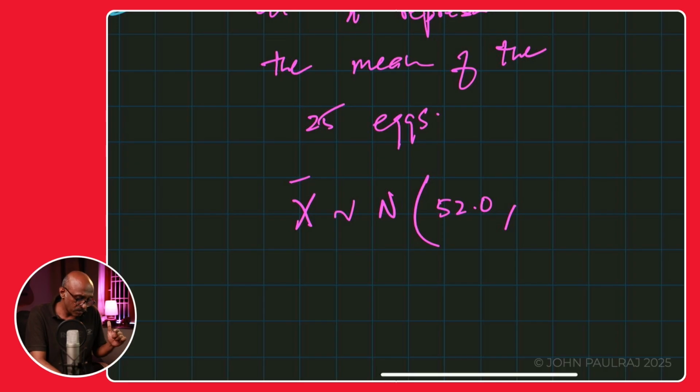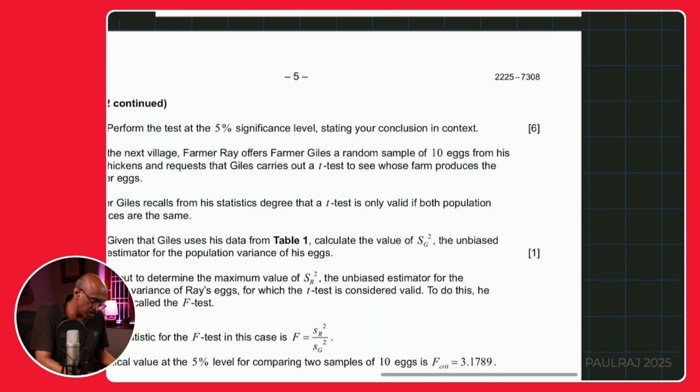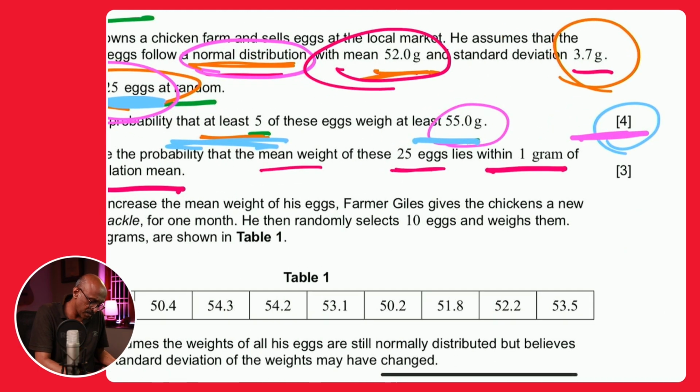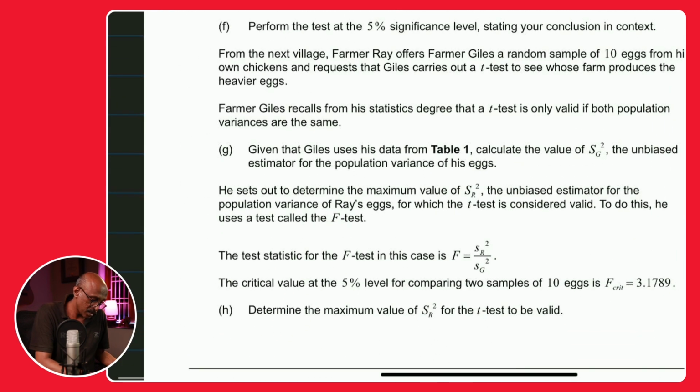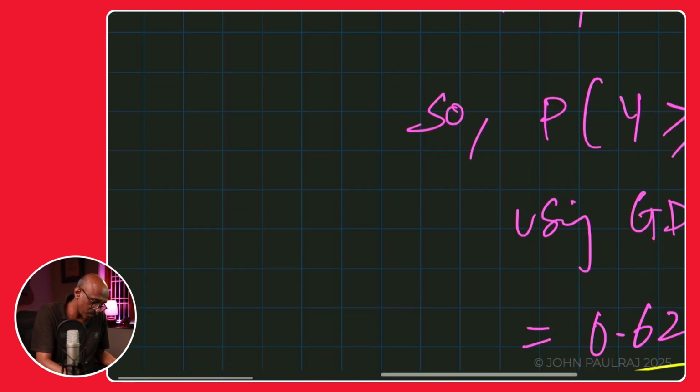So as such, we're not going to use the population standard deviation, which is 3.7. We're looking at the mean weight. We calculate the probability that the mean weight of these 25 eggs, it could be any sample of 25 eggs, a batch of 25 eggs, lies within 1 gram of the population mean, 52. Let me write that statement so that you understand what we're looking for.